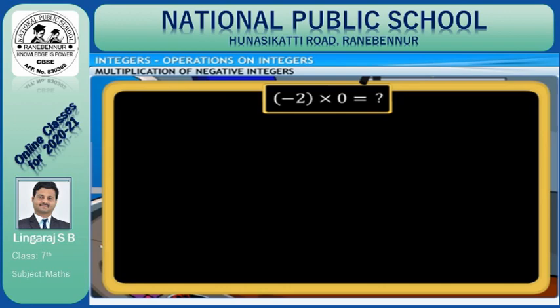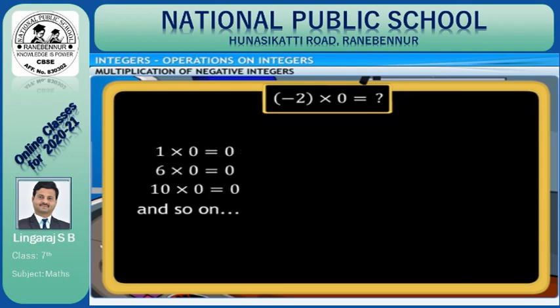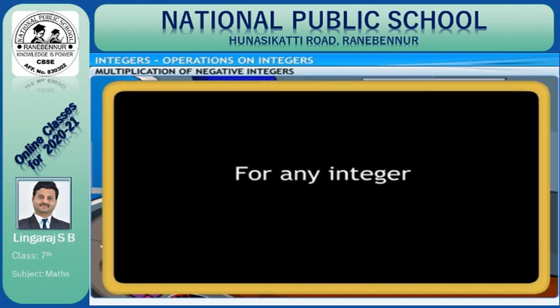As you know, any whole number multiplied with 0 gives 0. Now, if you look at the pattern given here, you can see that any negative integer multiplied with 0 also gives 0. So in general, you can say that for any integer p, p multiplied with 0 is equal to 0 multiplied with p, which is equal to 0.